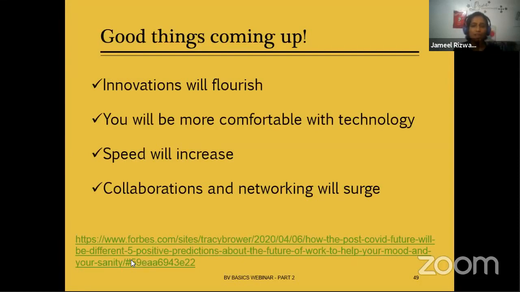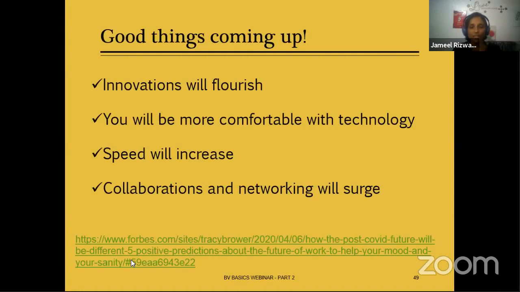Okay, but I'm just finishing up with this, which is the Forbes survey on predictions on how things are going to change. Among the many predictions, I just took 4 things which are very important for a BVVT practice: innovations will flourish. This is the time your creative juices are flowing.